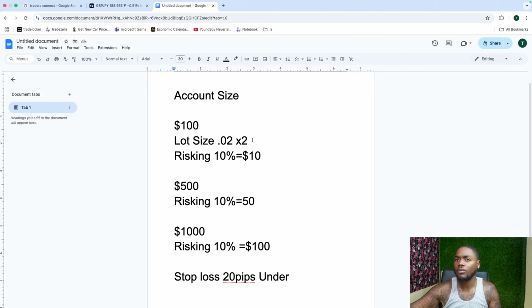Okay, I think I may have done this wrong. Because what I like to do is, so a 0.2, basically 20 pips times 0.2, which would be 4. So it should be $4.